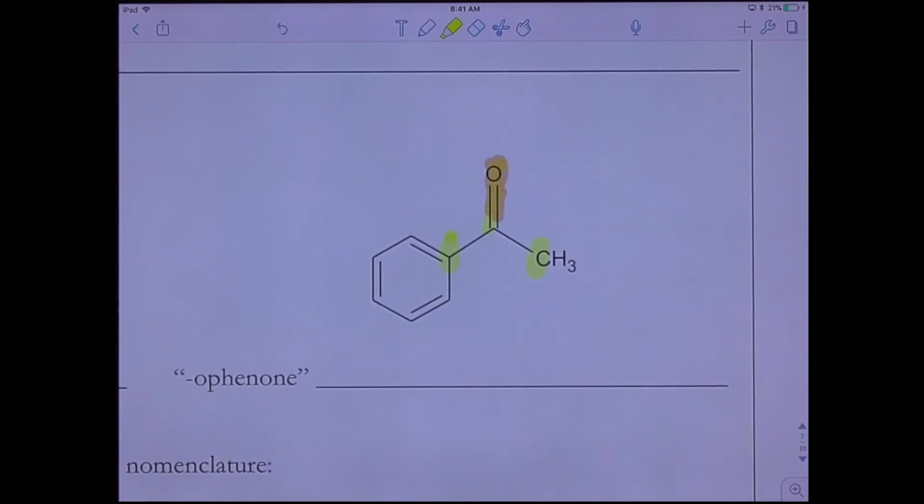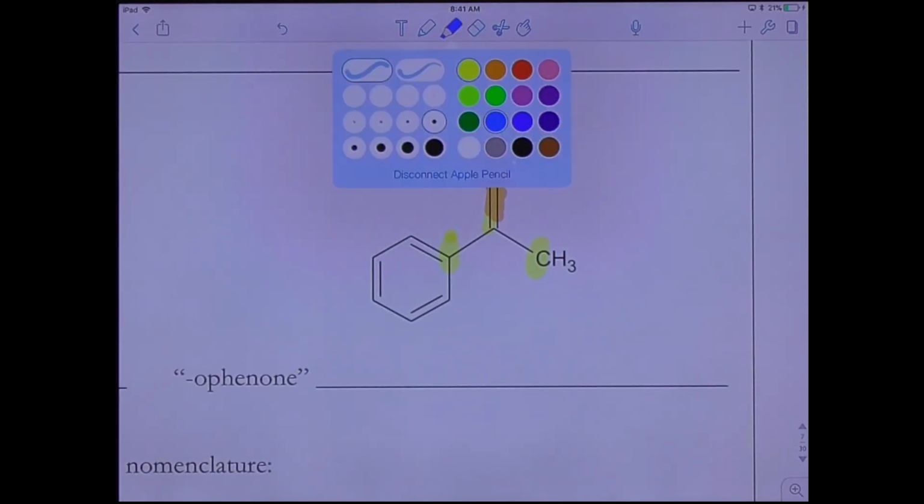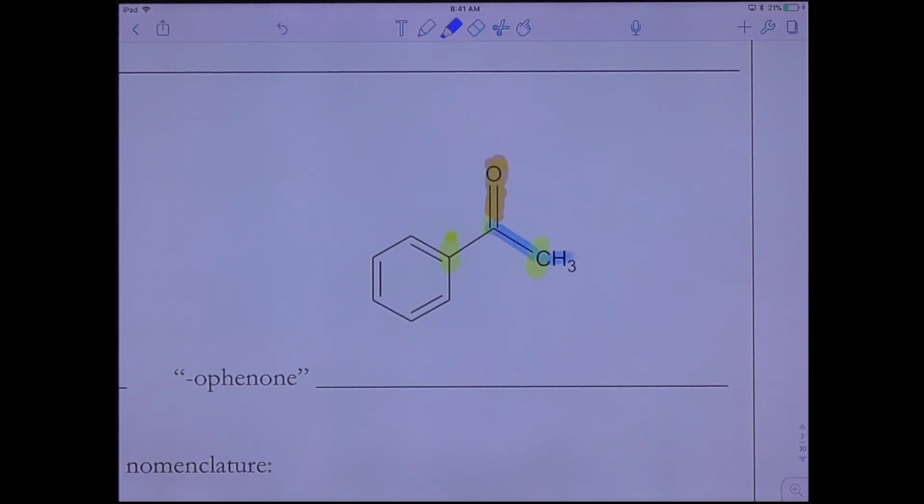All right, so off of that, you know how in common name, you're naming things as though they're carboxylic acid derivatives. And so you would note that that's got 2 carbons in it, and so that makes it acetic acid.